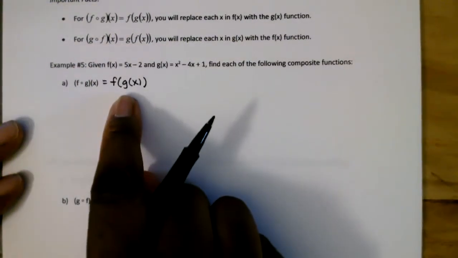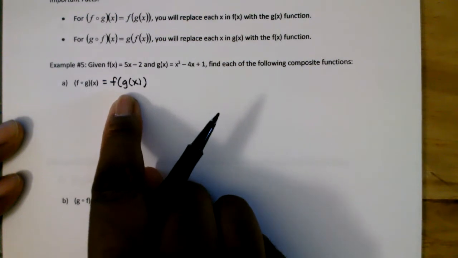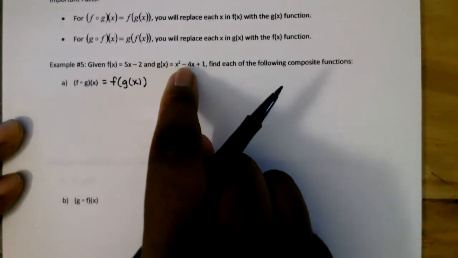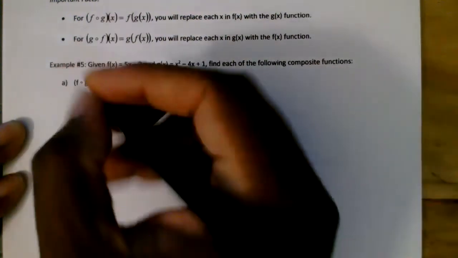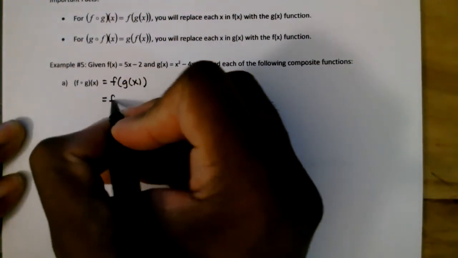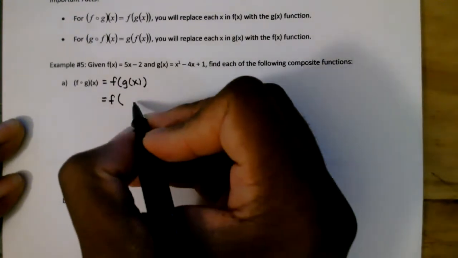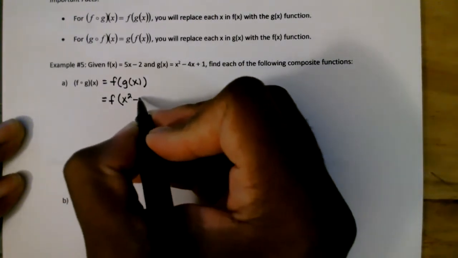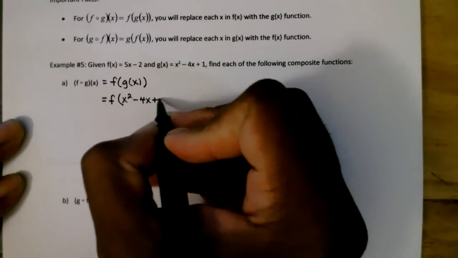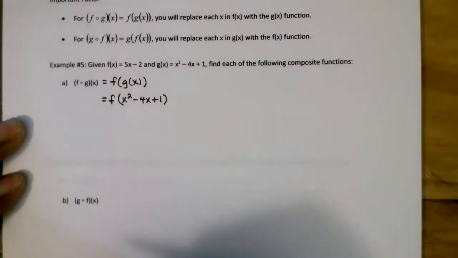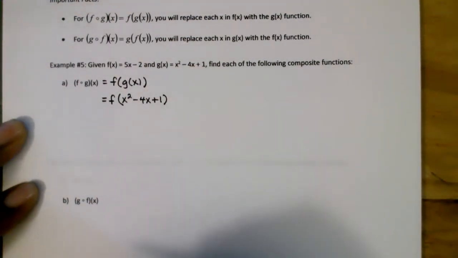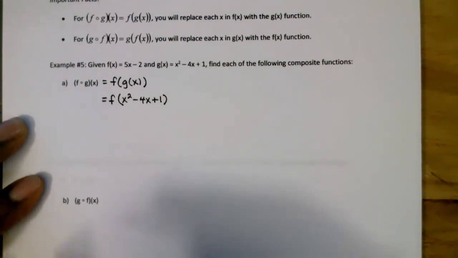So now g of x is your inside function, and g of x is equal to 4x squared minus 4x plus 1. So I'm going to bring down the f and replace g of x with what is equal to 4x squared minus 4x plus 1. That means I'm going to be evaluating f of 4x squared minus 4x plus 1.